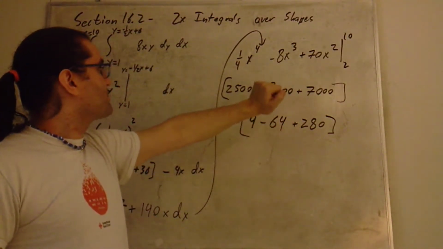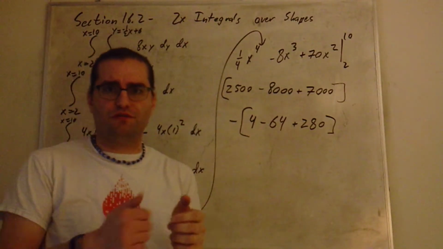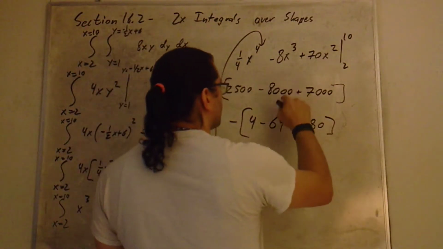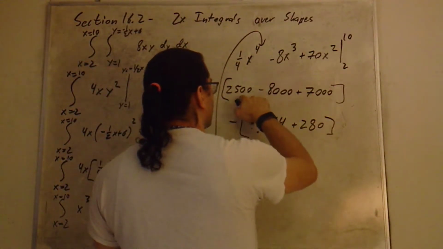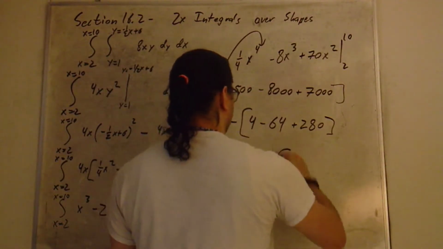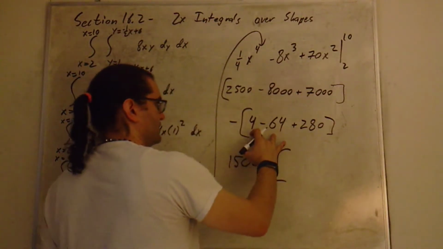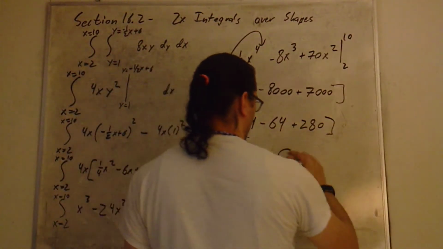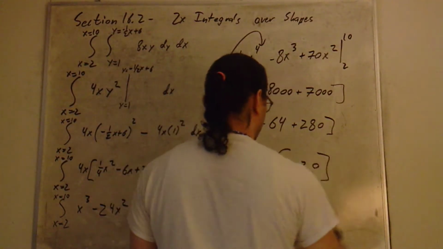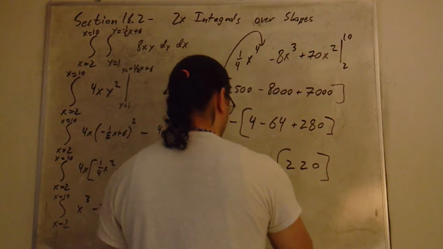But for the arithmetic at the end, use one of those simple basic arithmetic calculators. That's fine. This is negative 1,000, so that's going to be 1,500 minus, that's negative 60, plus 280 is 220. So this, I think, final answer is 1,280.